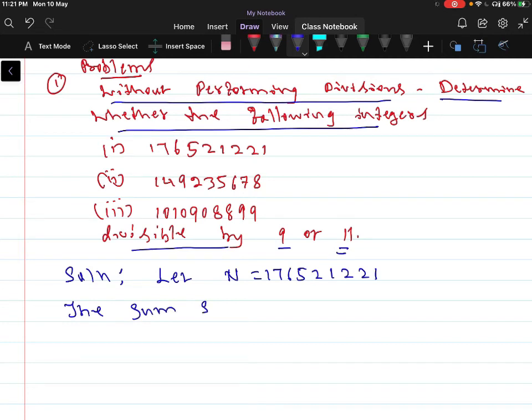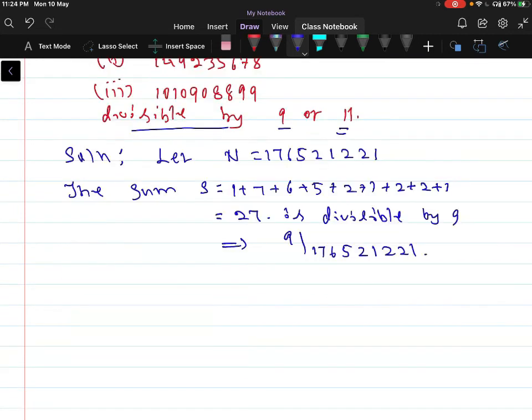The sum s is equal to 1 plus 7 plus 6 plus 5 plus 2 plus 1 plus 2 plus 2 plus 1, so that is equal to 27. Now let us verify whether this number is divisible by 11 or not.